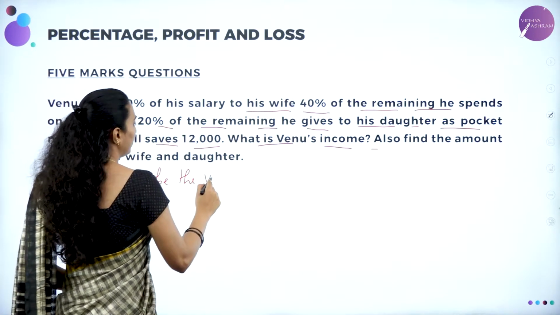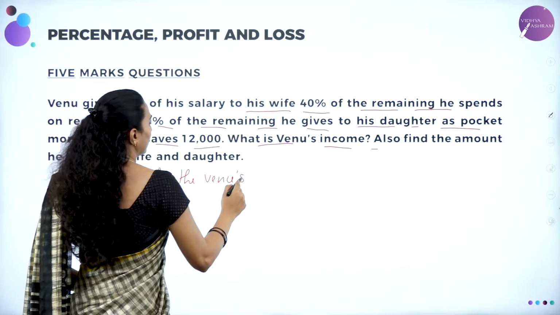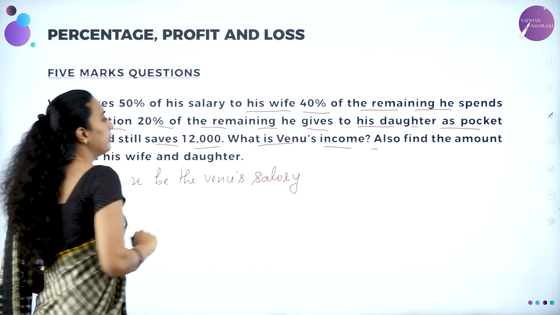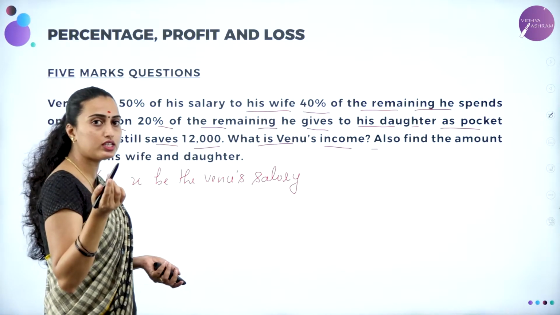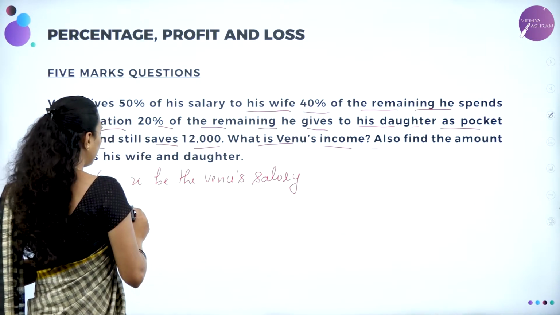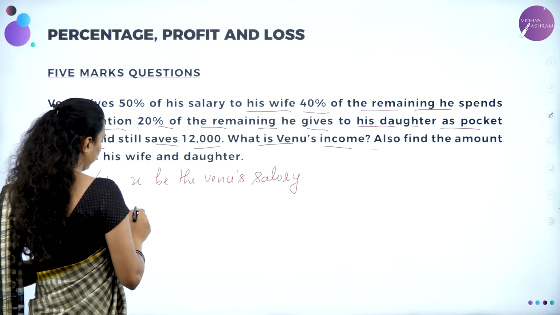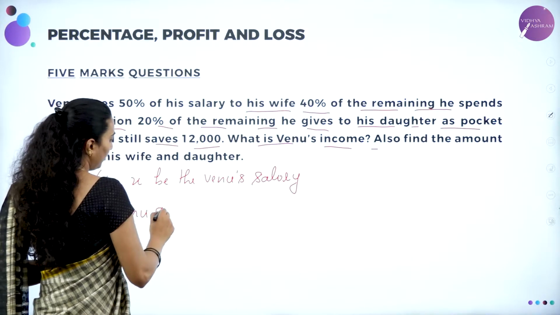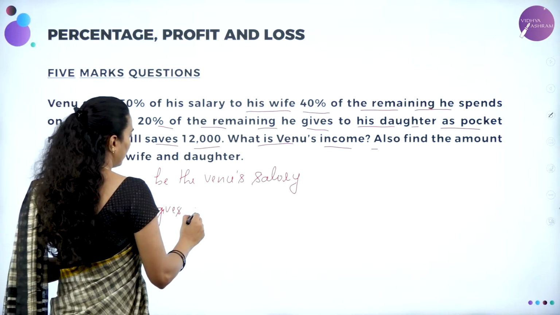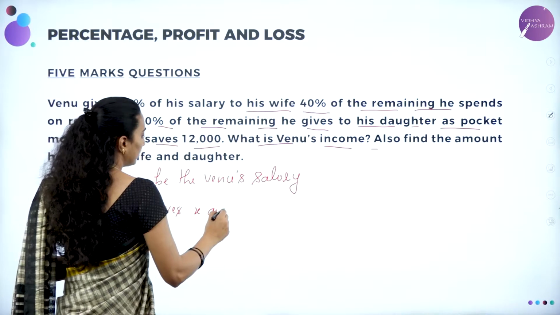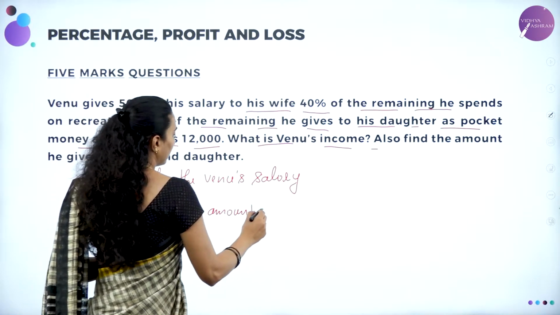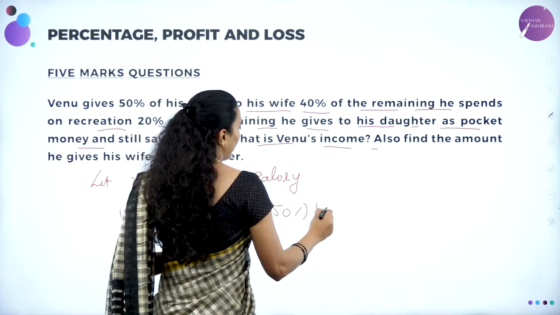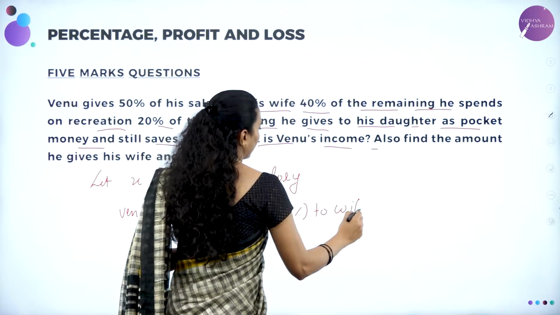Let x be Venu's salary. Of that, 50% of x he is giving to his wife. So Venu gives x amount as 50% to his wife.